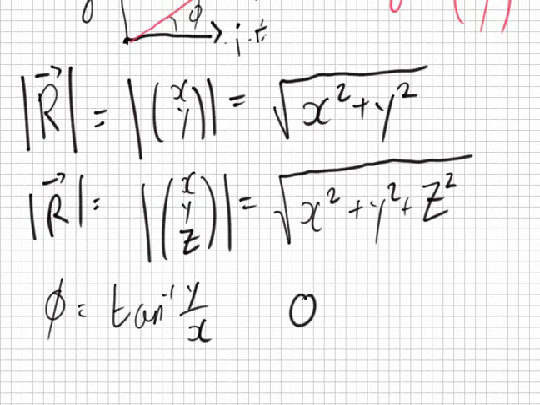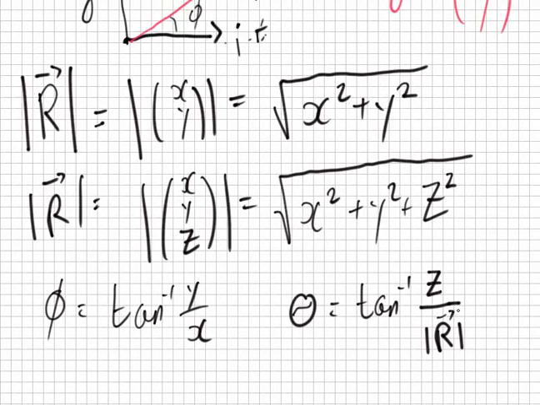And that angle there, again, it's a similar formula. It's tan inverse z over the magnitude. Like that. Now, if you think about this formula for the moment, suppose that my vector was just in 2 dimensions.